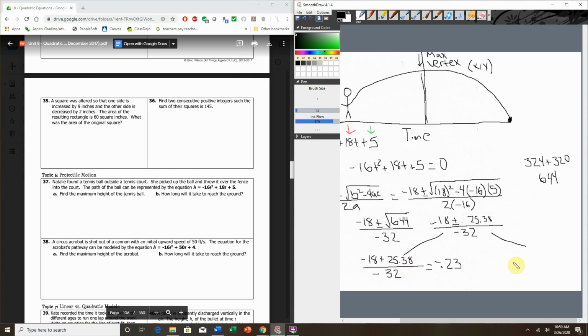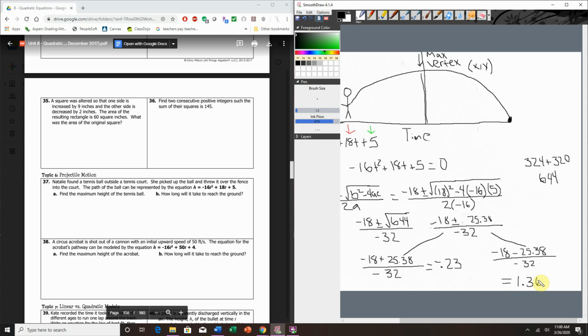And then if we do our second equation, we have negative 18 minus 25.38 all over negative 32. And putting this in our calculator, this will simplify to 1.36. So we have two answers here.